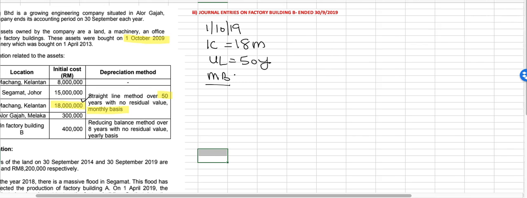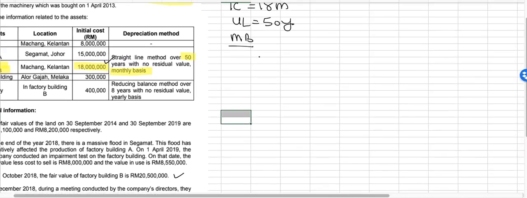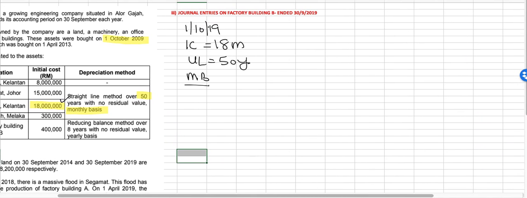Based on information number 3, on 1st October 2018, the fair value of factory building B is 20.5 million.